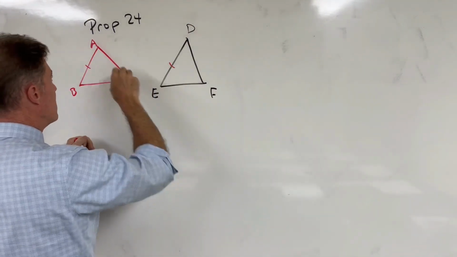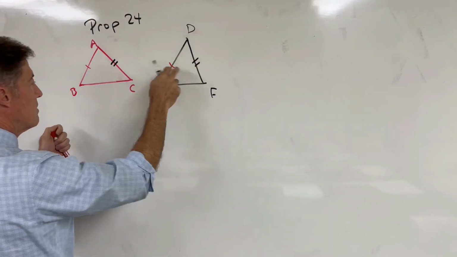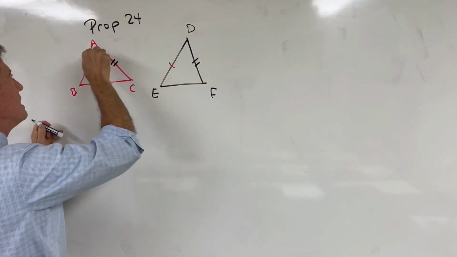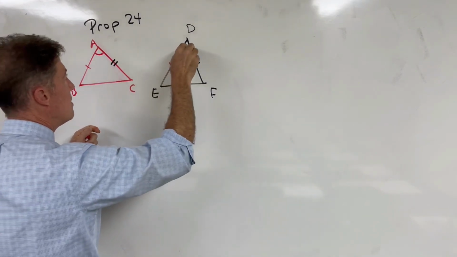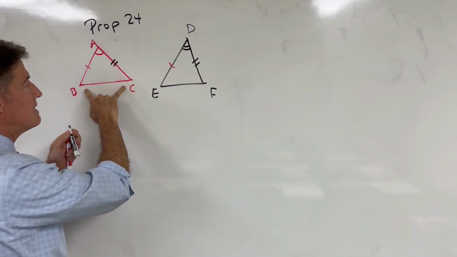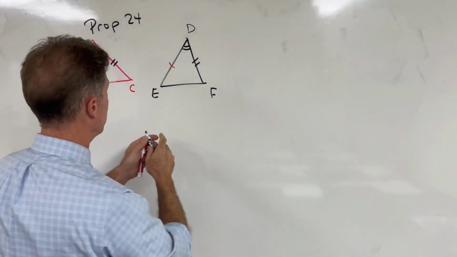So this side is equal to this side, and this side is equal to this side. So two triangles with the sides equal respectively. But the angle contained between them is unequal. Therefore, this angle is greater than this angle. Then we're going to prove that the base BC, opposite the greater angle, is larger than the base EF.